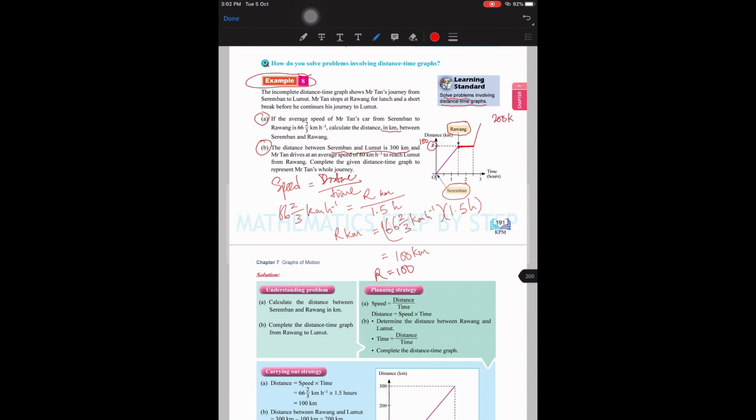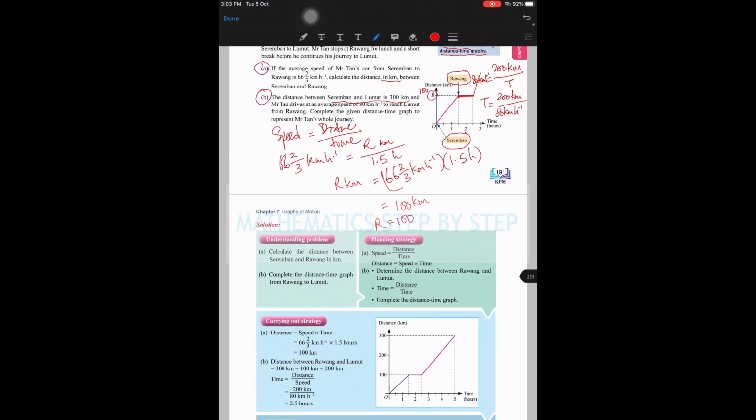And the time taken we don't know. Let it be T. So the speed is given, 80 km per hour. So now T is equal to 200 km divided by 80 km per hour, so T is equal to 2.5 hours. So now we are able to complete the graph. Let us refer to this graph now.